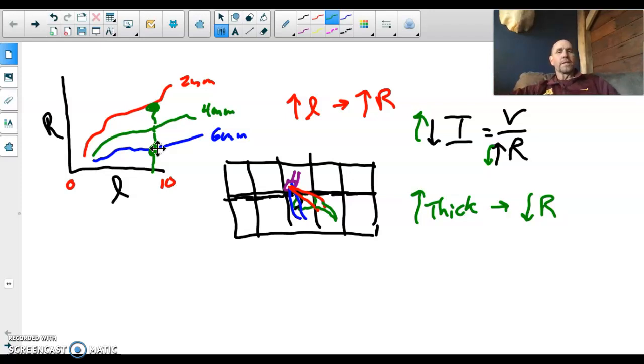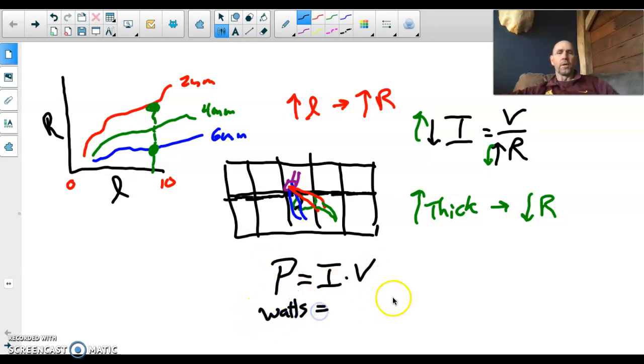Well, if you want to have 500 watts of sound to your stereo, what we learned in the videos is that power equals current times voltage. This is watts, 500 watt speaker. You're limited to a 12 volt battery.